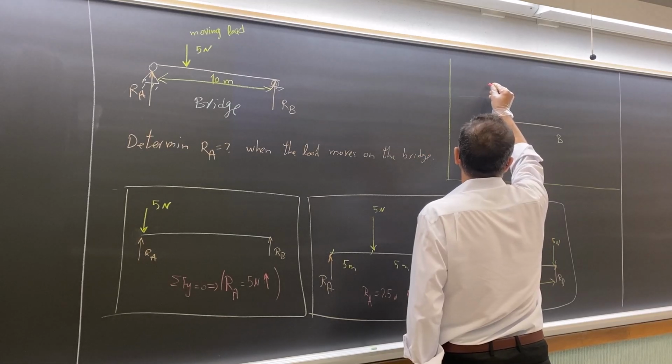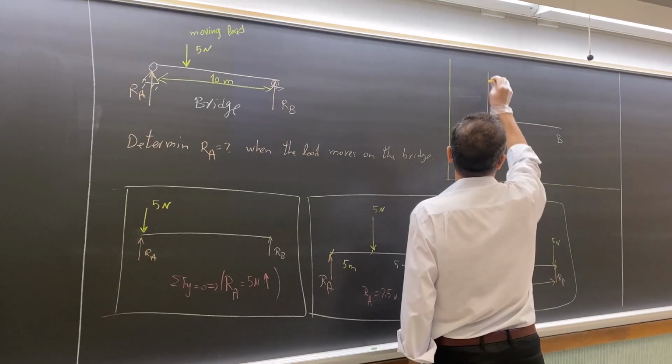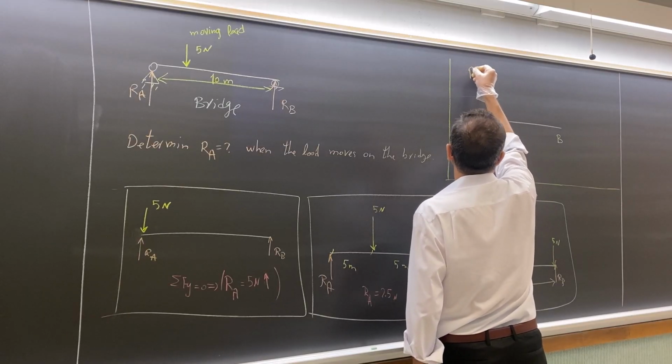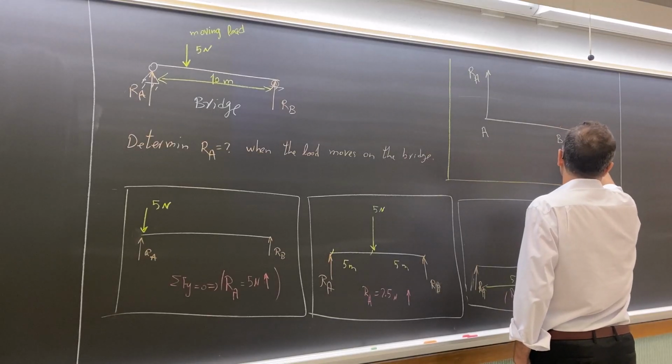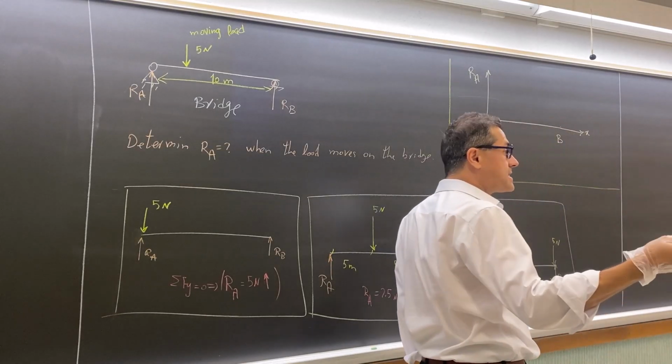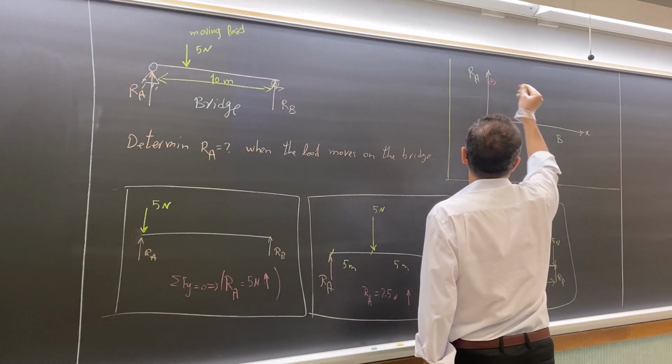So if the vertical axis is showing the amount of RA and the horizontal axis is X, then RA is 5 here.